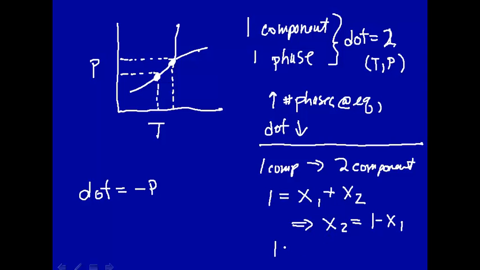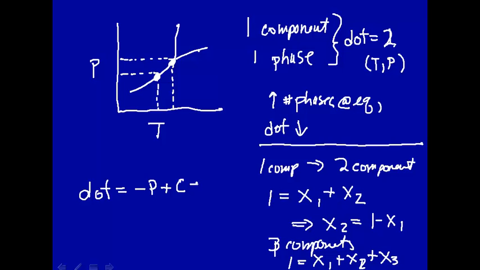So for instance, now you have 3 components. The 3 component mole fractions have to add to 1. So mole fraction 1 plus mole fraction 2 plus mole fraction 3 all have to equal 1. But we can specify 2 of these, and then the third has to be calculated by this relationship. So when we went from 2 components, where we had just 1 additional degree of freedom, to 3 components, now we have 2 additional degrees of freedom. Looks like each time you add a component, you'll increase the degrees of freedom.